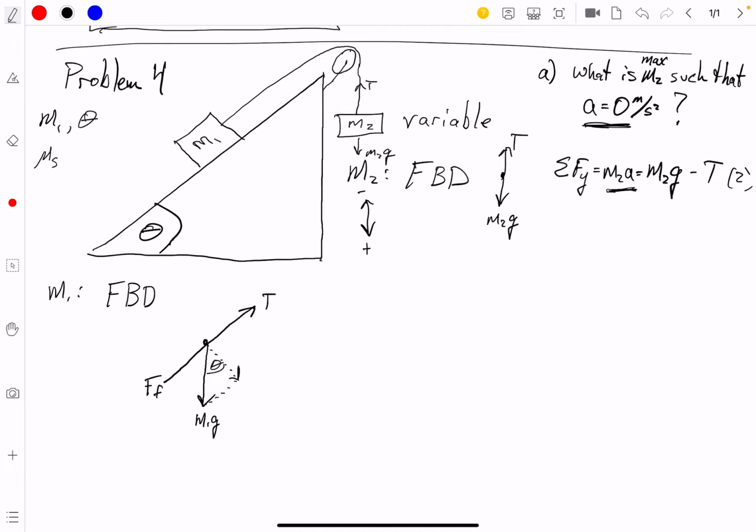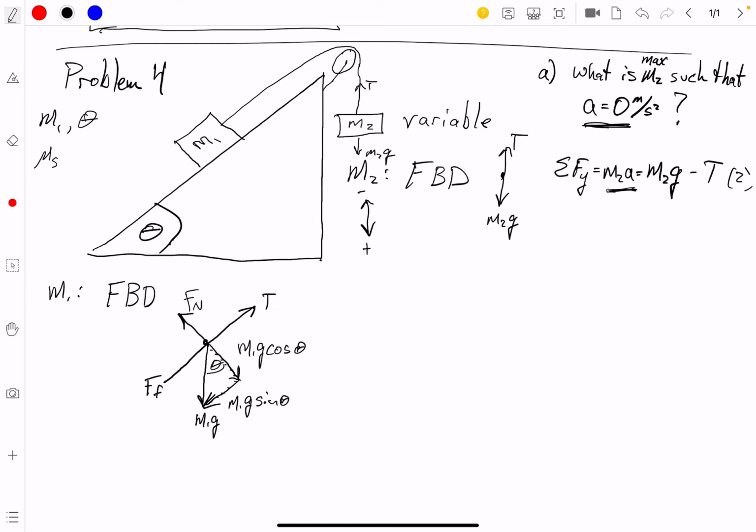Here's theta. So that means that m1g sine theta is pointing in this direction. M1g cosine theta is pointing in that direction, and there's my normal force.